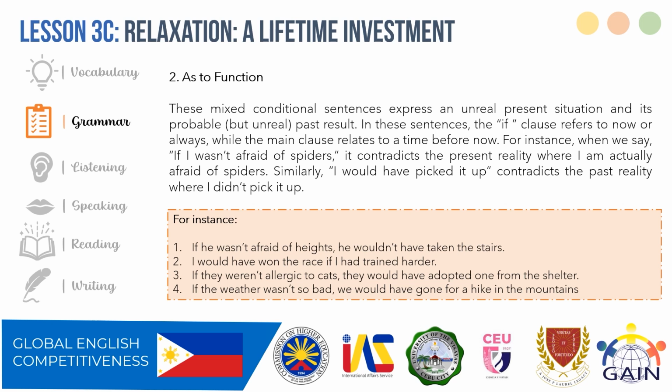Next, number 3. If they weren't allergic to cats, they would have adopted one from the shelter. But the reality, they are allergic to cats and they did not adopt one from the shelter. And the last example, if the weather wasn't so bad, we would have gone for a hike in the mountains. But the weather is bad and we didn't go for a hike in the mountains.